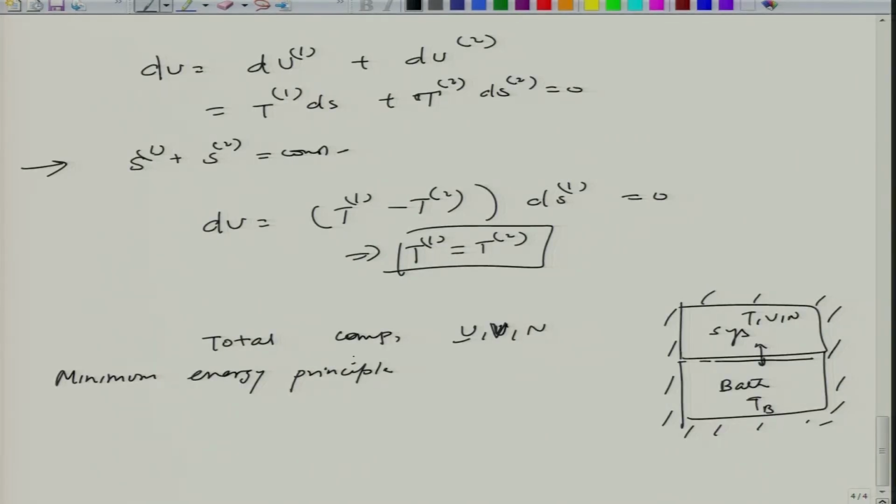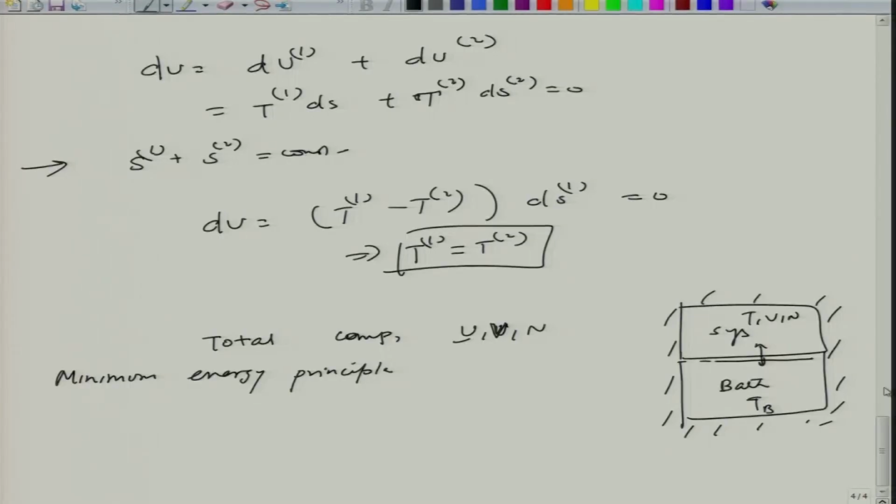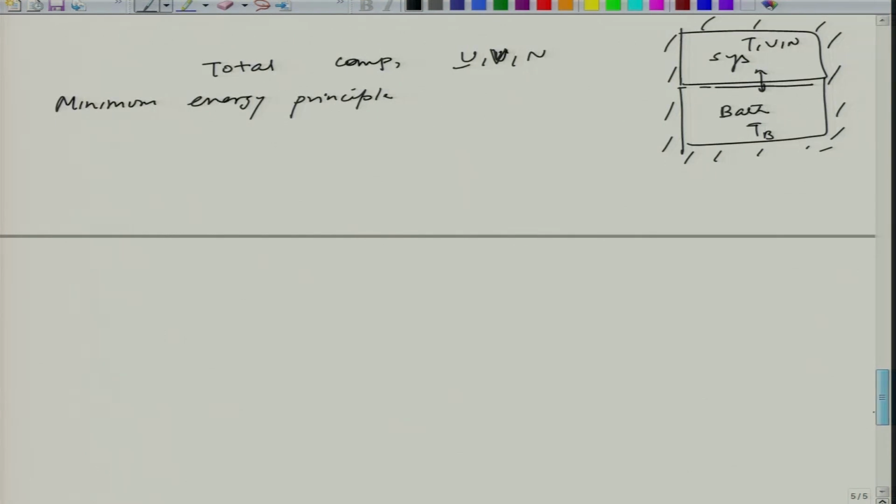and find out what are the appropriate variables which would give the indication of the equilibrium condition, or in other words, what would be the conditions of the thermodynamic function associated with T, V, N. Will it be positive, will it be negative? That is what we would like to conclude.